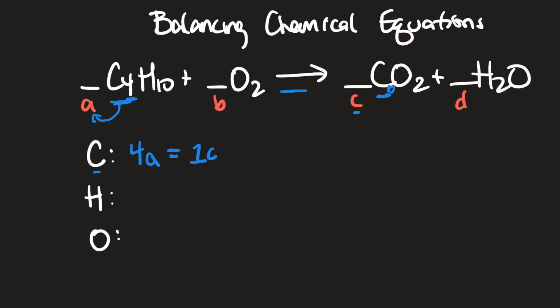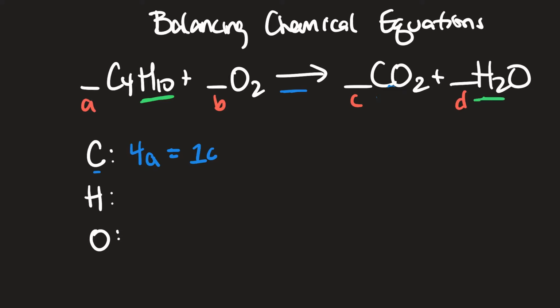We'll do that for each of the elements that we have. Now we have H. There are only 2 places that you find H in this chemical equation, so I'm going to highlight that for you. We have H here, and we have H here.